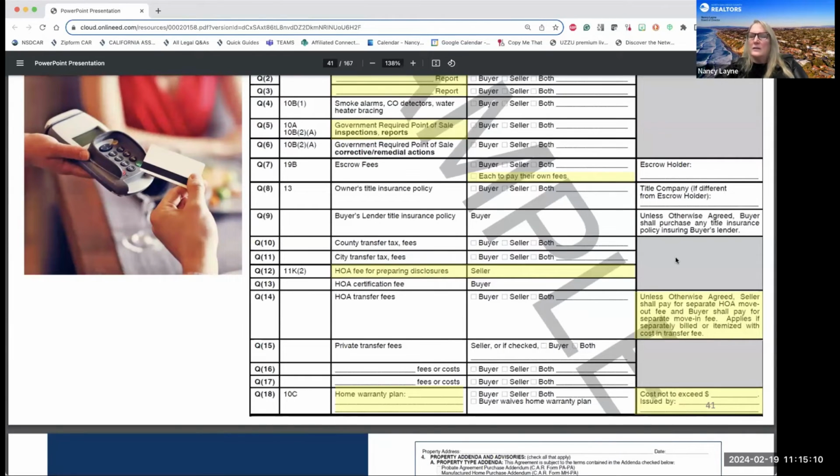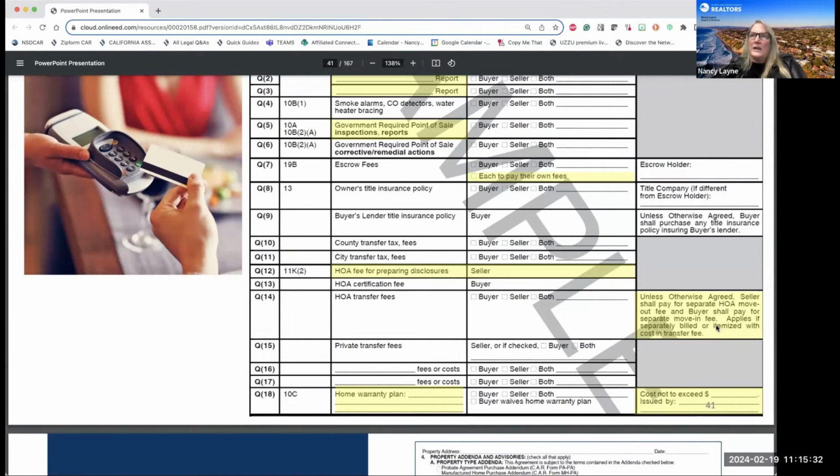If there's a fee that the condominium charges, this Q14 is, oh, okay, I see what you're saying. So yeah, HOA move out. It is condominium HOA move out fee and buyer shall pay for separate move in fee. Applies if separately billed or itemized with cost in transfer fee.